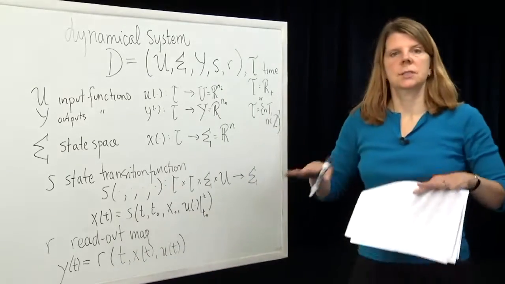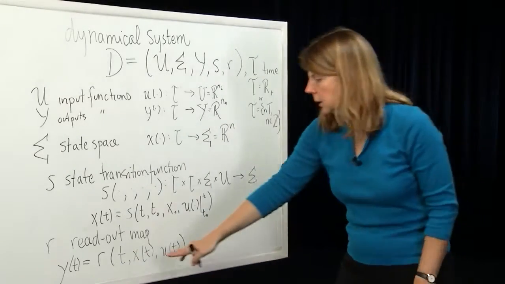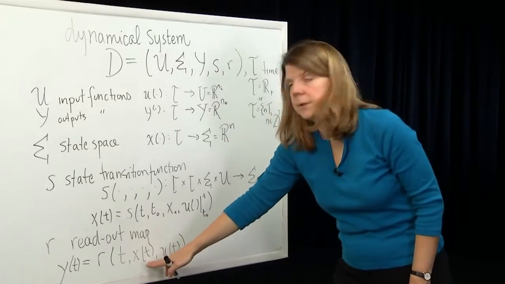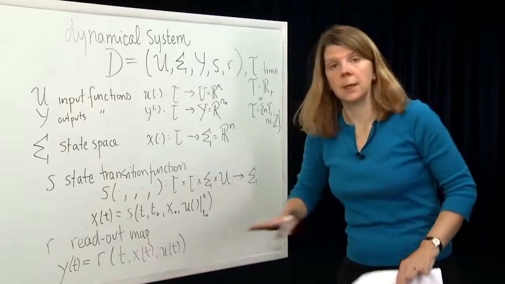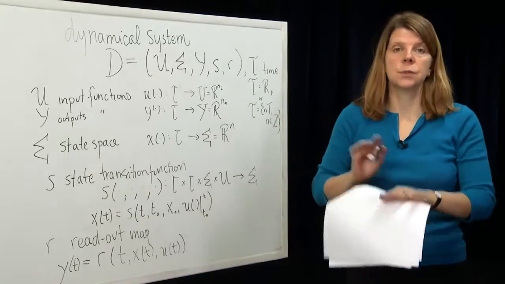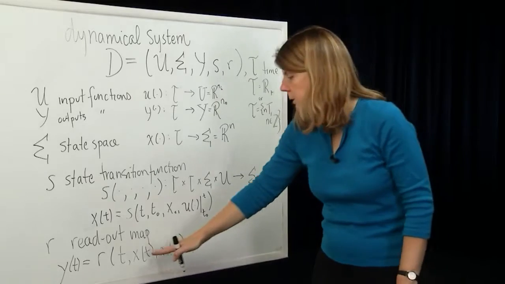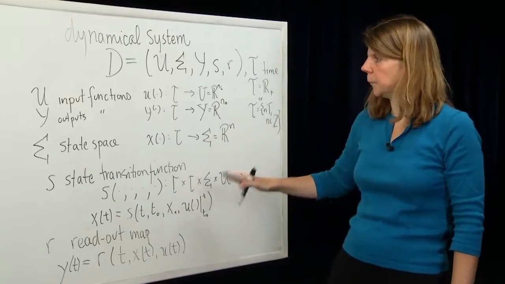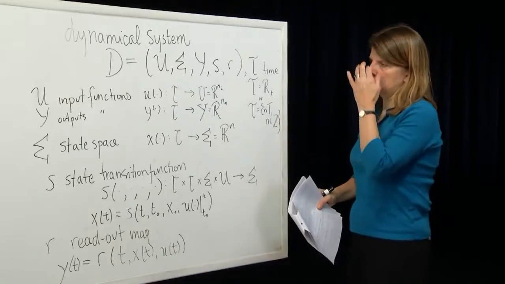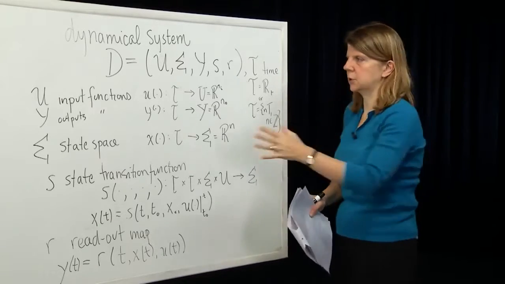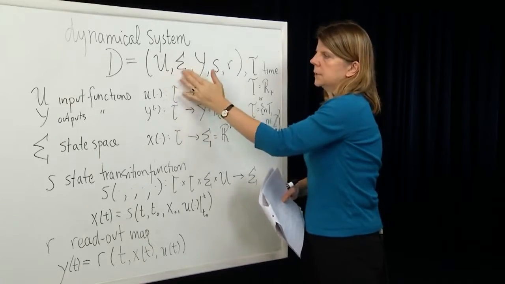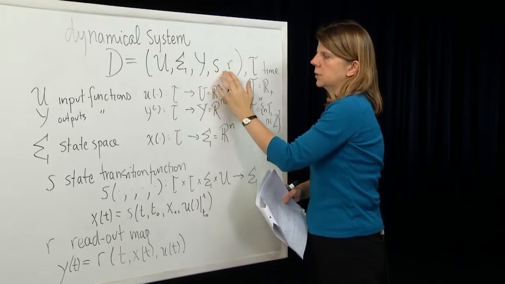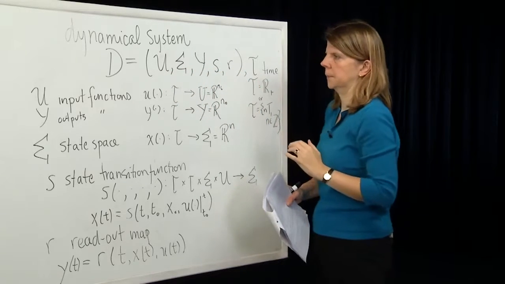The output map is just static. It just looks at what the current time is, what the state is right now, what the input is right now, and it gives you what the output is. So it's a static map where this is a dynamic map. Okay, so we've got a definition of a dynamical system. We've just defined it in terms of its entities. Input states, outputs, state transition function, readout map.